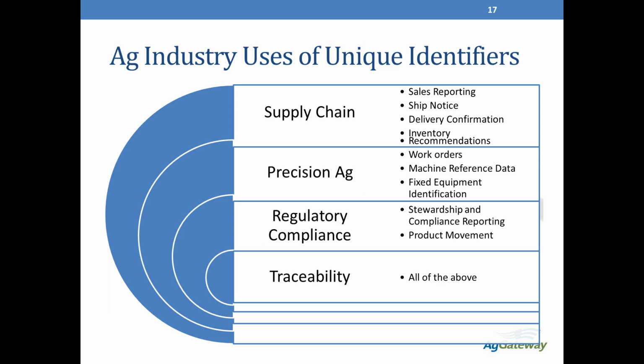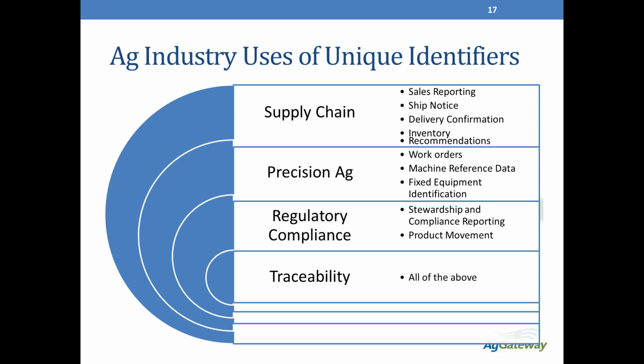And these numbers were assigned for smaller entities in the supply chain, such as growers or ag retailers, businesses or individuals that maybe didn't have the capability or couldn't afford to get their own GS1 prefix.